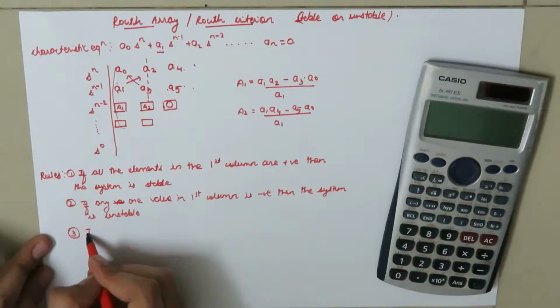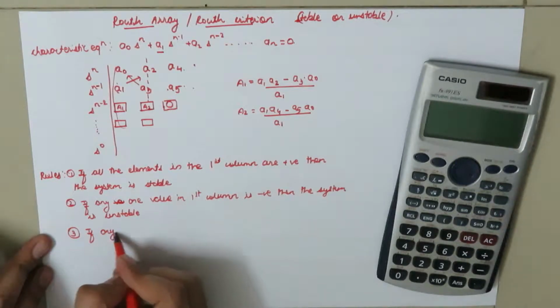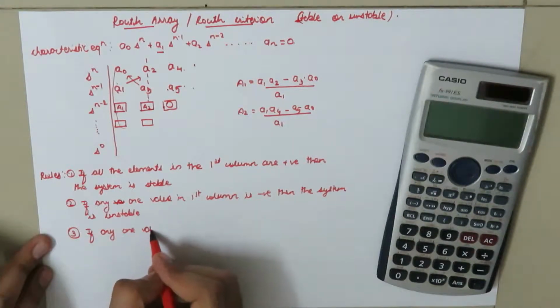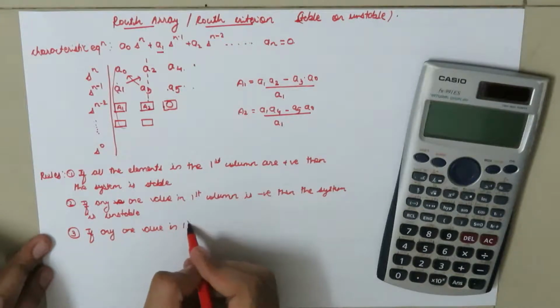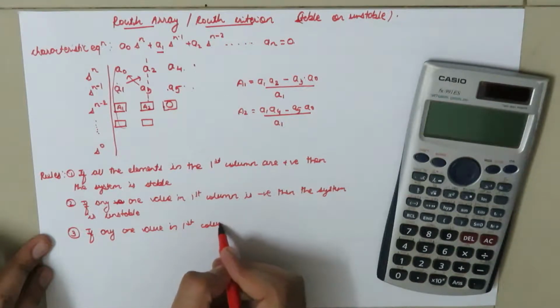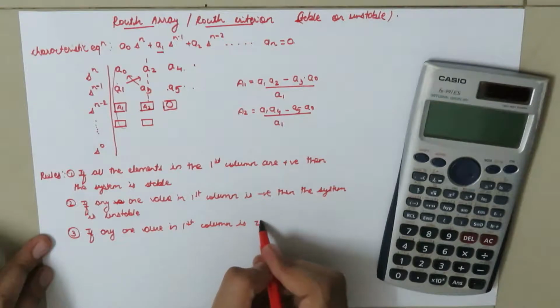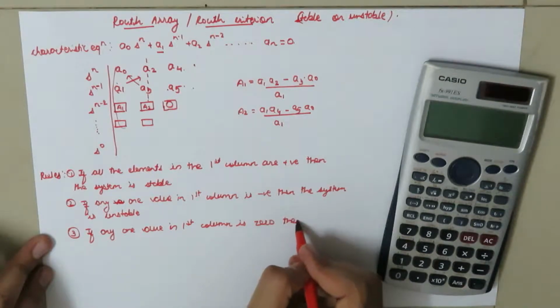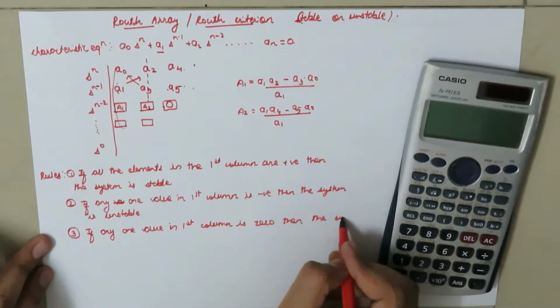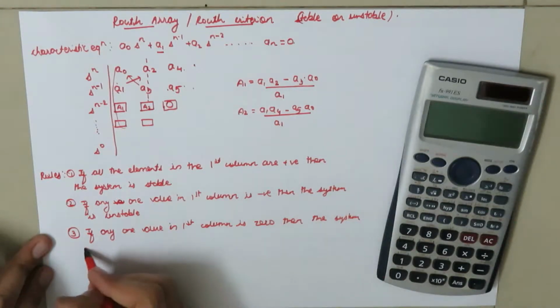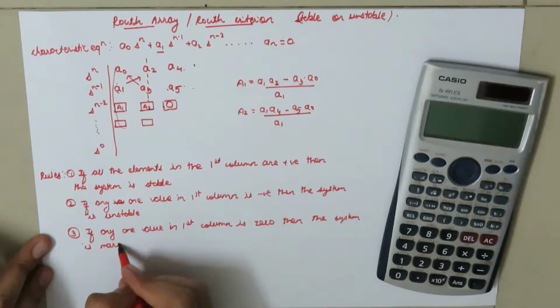The third rule is, if any one value in the first column is 0, then the system is marginally stable.